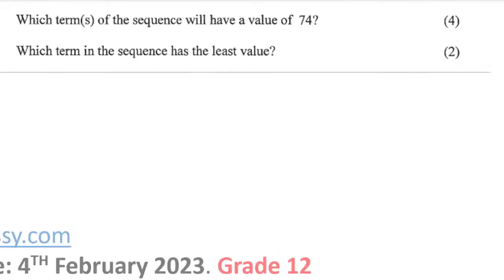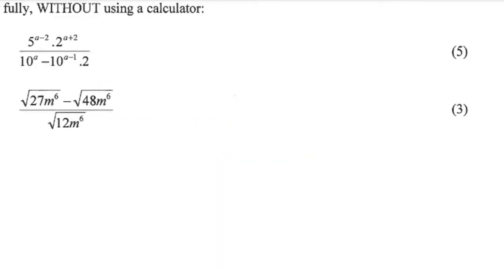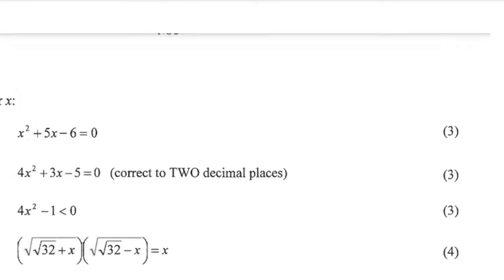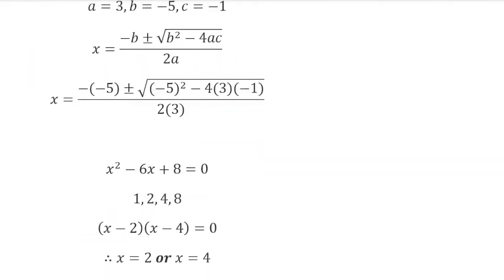So 2 to the power 3x plus 1 plus 2 to the power 3x equals 12. Okay, that one is 4 marks. We're solving for x. Perfect.